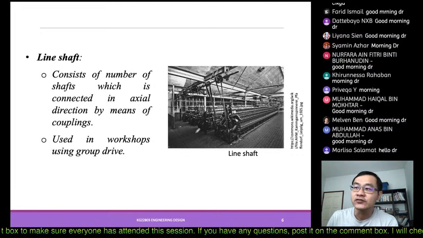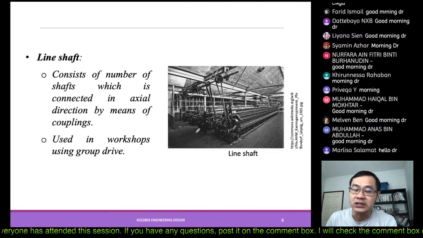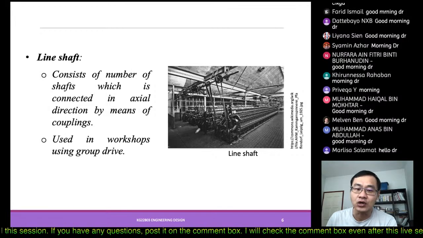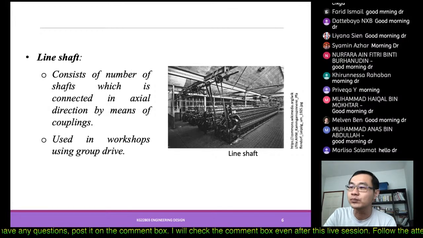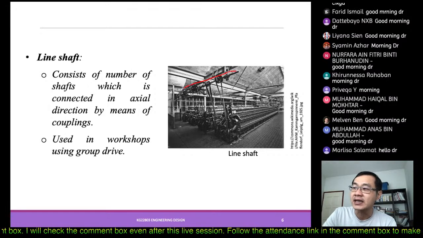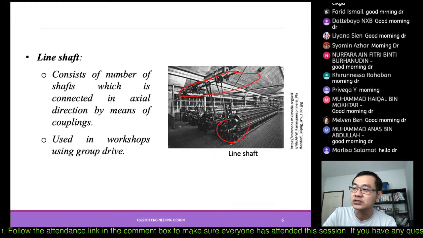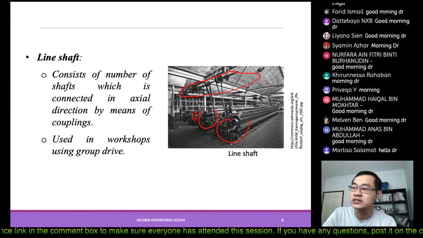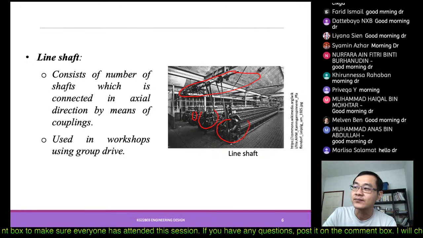So the line shaft is usually found in production factories or workshops, where you have a group of drives. You may see the line shaft hanging at the top, where it is connected to different machines and the power source itself.